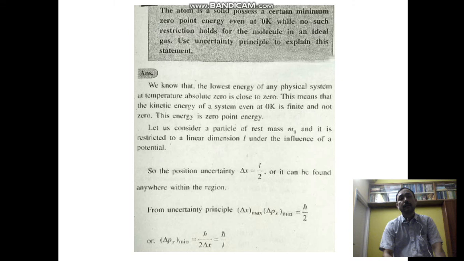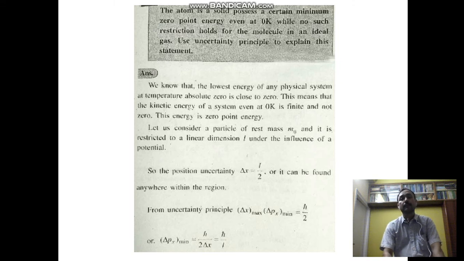We know that the lowest energy of any physical system at absolute zero temperature is almost equal to 0. This means that the kinetic energy of the system even at 0 Kelvin is finite and not 0. This energy is the zero point energy.